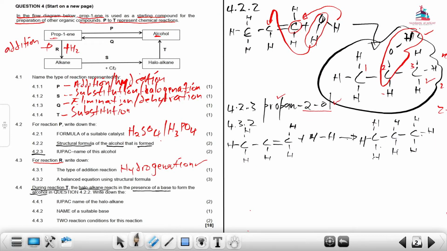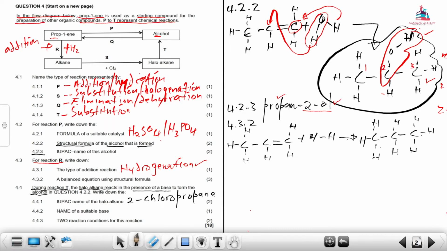So I am going to write the name here as now 2-chloropropane, because now from alkane to haloalkane, it is also another substitution.